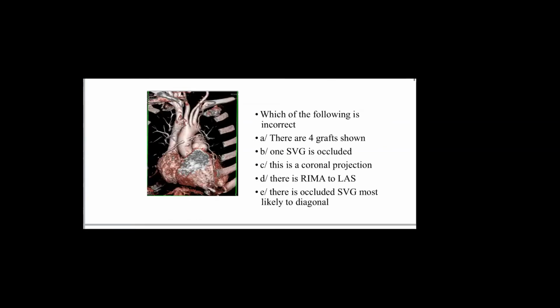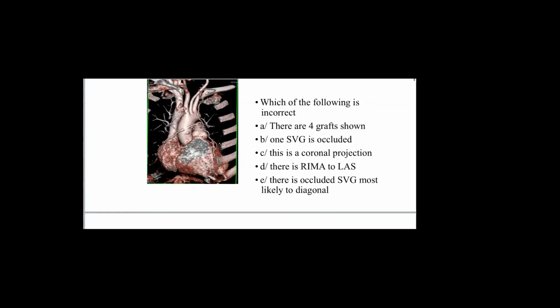Now, which of the following is incorrect? There are 4 graphs shown. One SVG is occluded. This is a coronal projection. There is REMA to LAD. There is occluded SVG, most likely to diagonal.